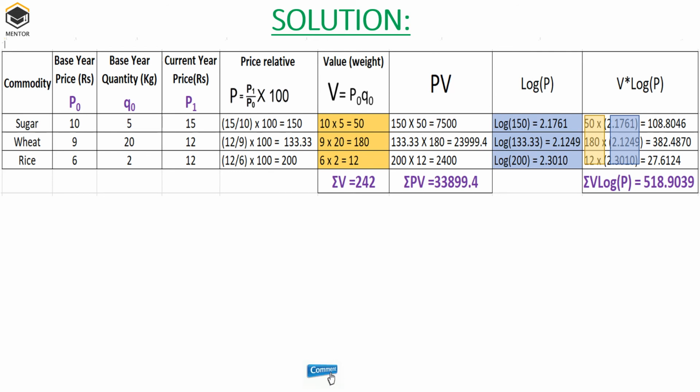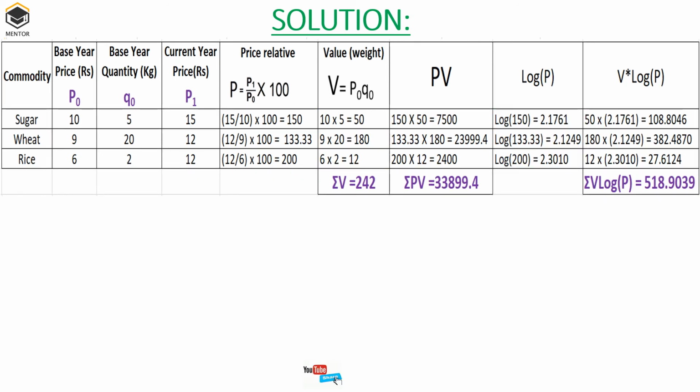So I'm going to multiply these two. After multiplying, I'm going to do the summation of all these values. Summation V log P. The final value I got here is 518.9039. This is my final value of summation V log P.